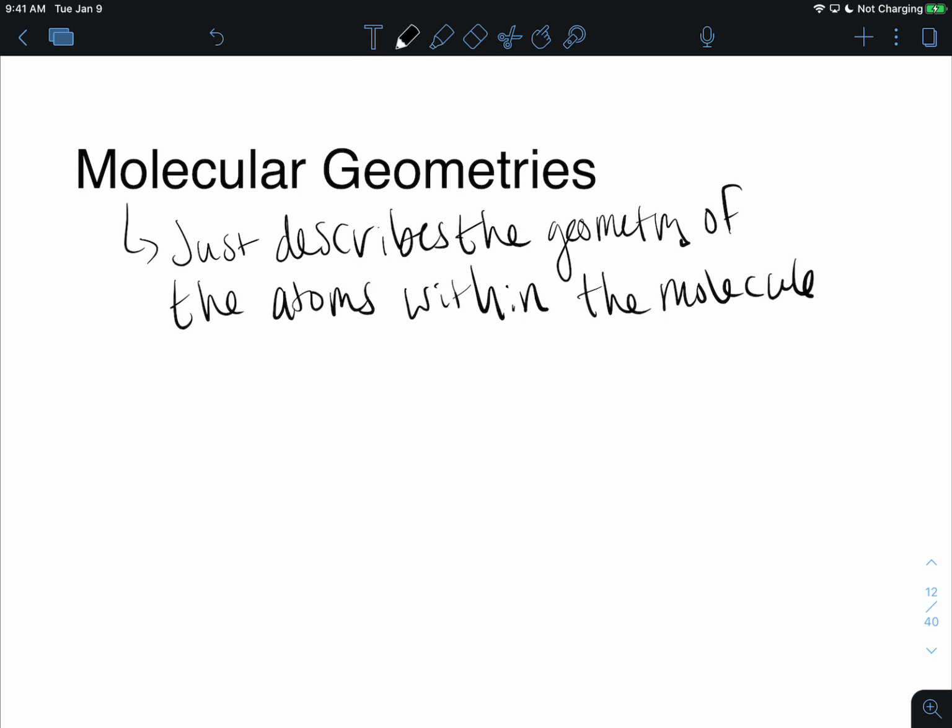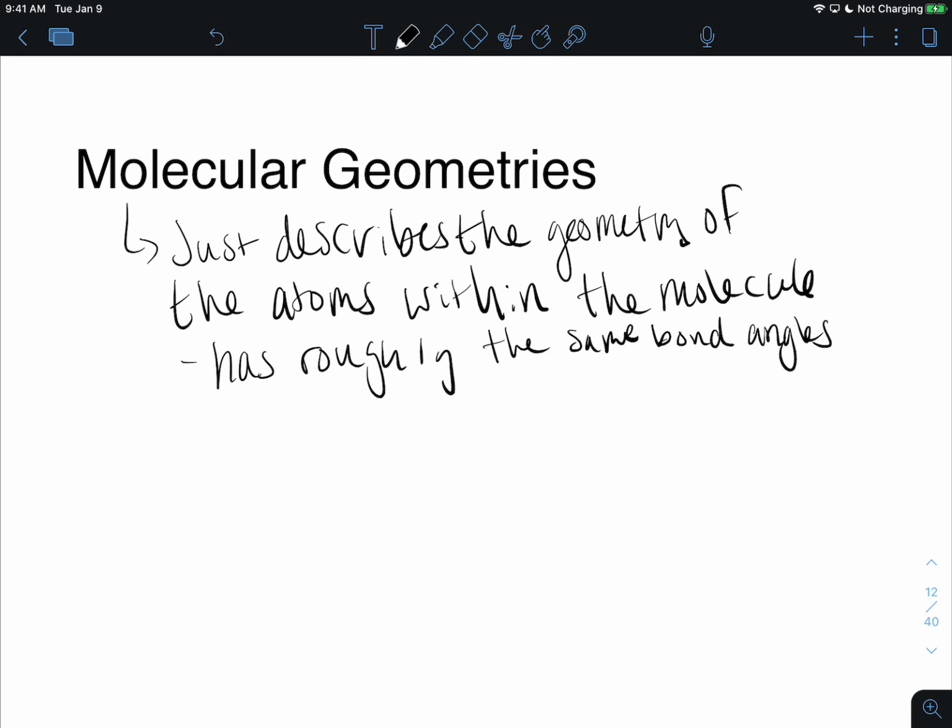It will maintain roughly the same bond angles as the electron domain geometry that it's derived from, but it's going to have different names to describe just what the atoms within the molecule look like.